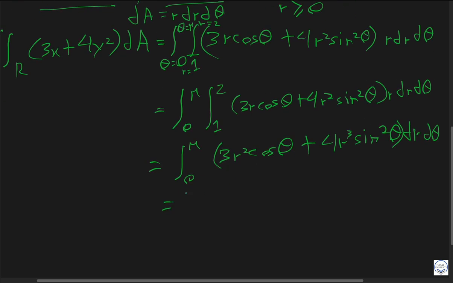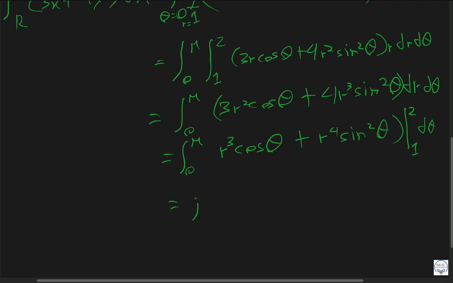Now let's do the r integral while treating theta as a constant. This will have r cubed, and 3 divided by 3 is just 1, so we've got r cubed cos theta plus, 4 divided by 4 is also 1, so we've got r to the power 4 sine squared theta. And we have to take the limits, r goes from 1 to 2, d theta.